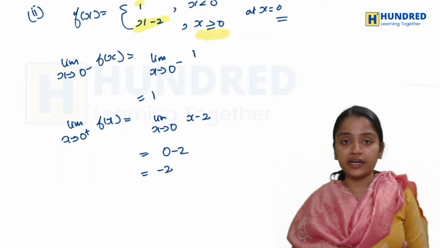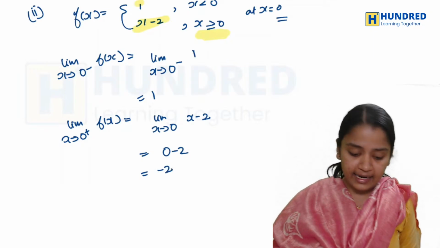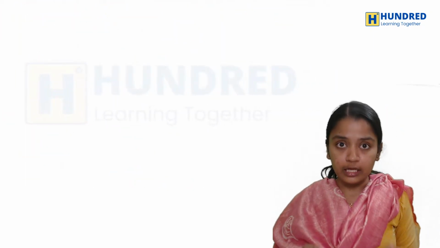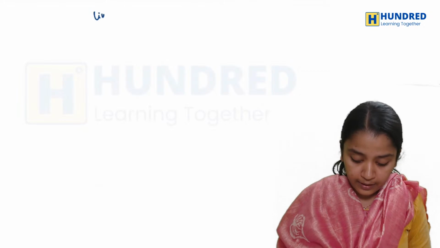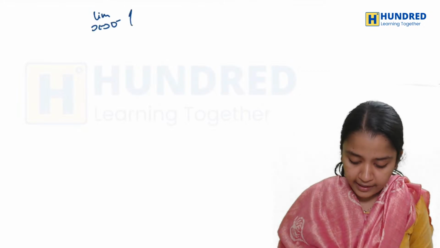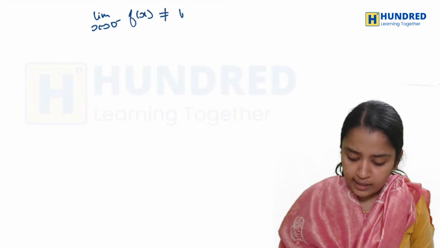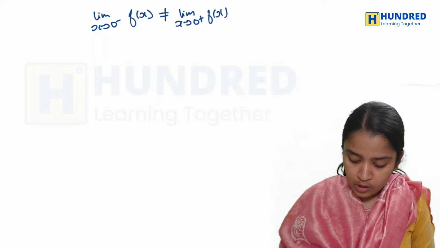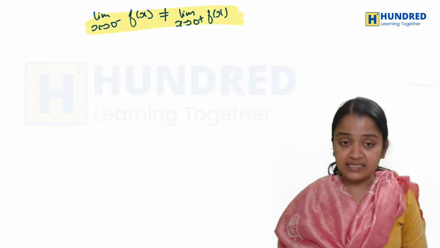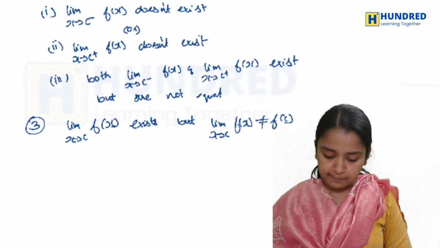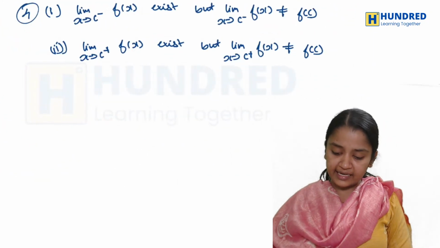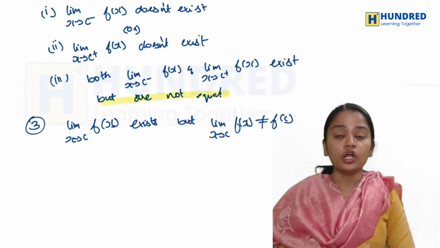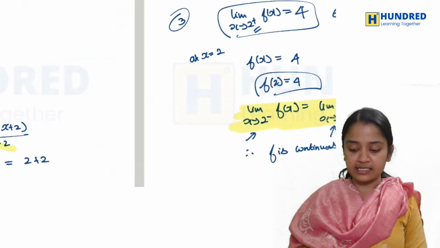As I already told you, your right hand limit and your left hand limit are not equal. So limit x tends to 0 minus f of x is not equal to limit x tends to 0 plus f of x. If both are not equal, you can say directly it is discontinuous.